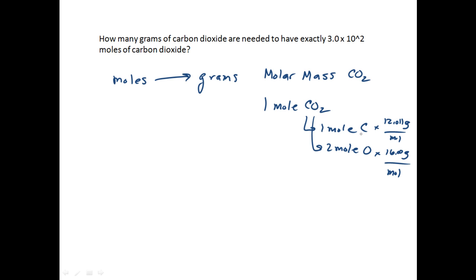So if we multiply 1 times 12.011 grams per mole, the moles cancel out, and we have 12.011 grams. If we multiply 2 moles times 16 grams per mole, the moles cancel out, and we're left with 2 times 16, which is 32. So if we add that all together, we get 44.001 grams.